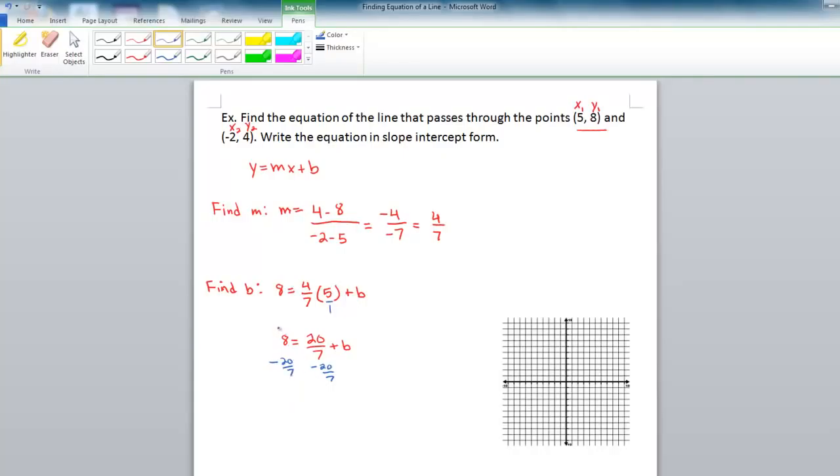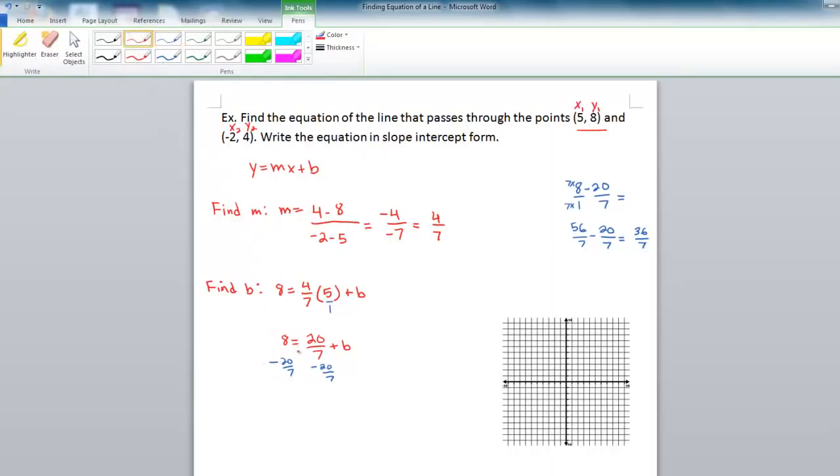Remember, you can do the fraction work by hand, or you can subtract these two in your calculator. 8 minus 20 over 7. 8 is the same as 8 over 1, and we need a common denominator. 56 minus 20 equals 36.